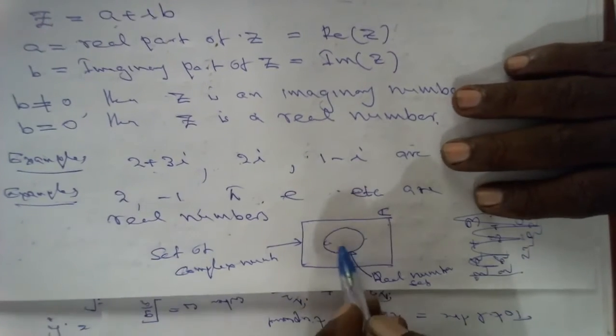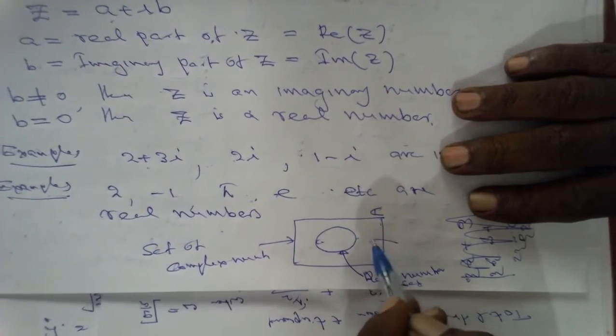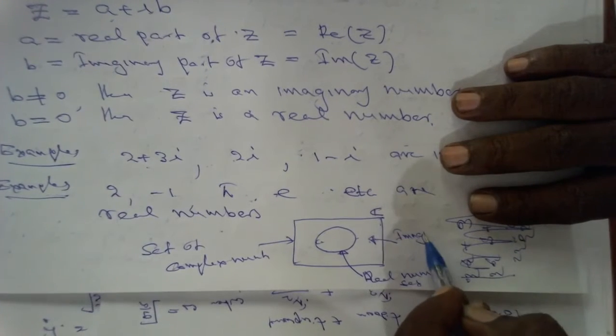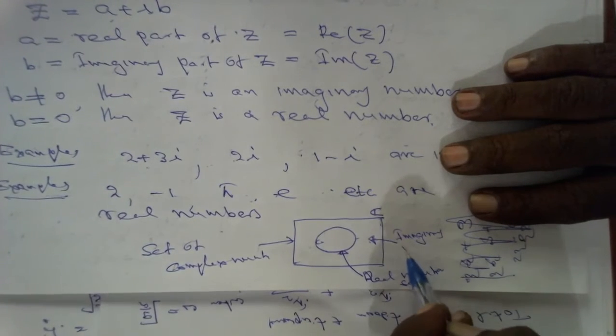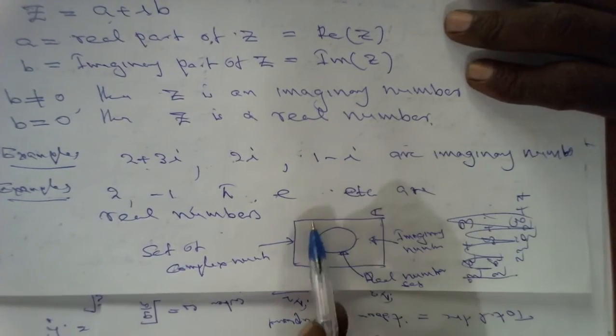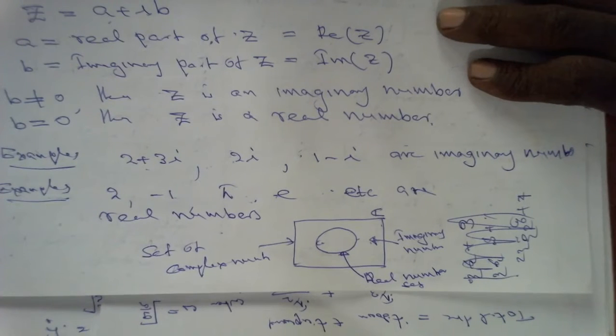Then what is outside this real number set? This imaginary number part. This part is the imaginary numbers. Okay. Yes, sir. Now I understand, sir.